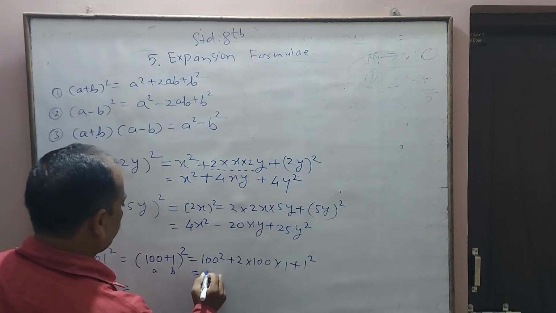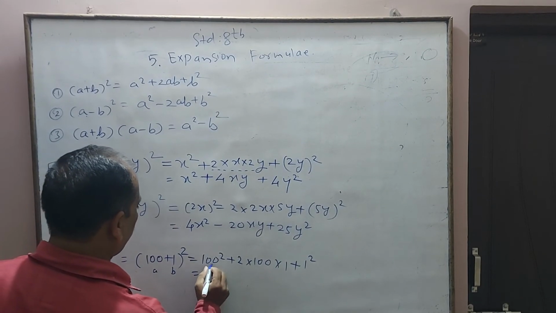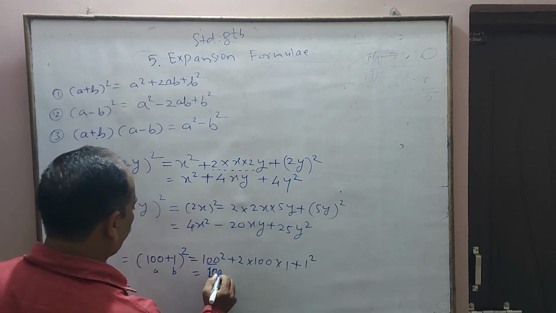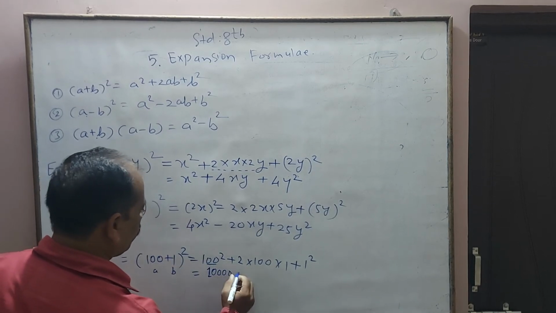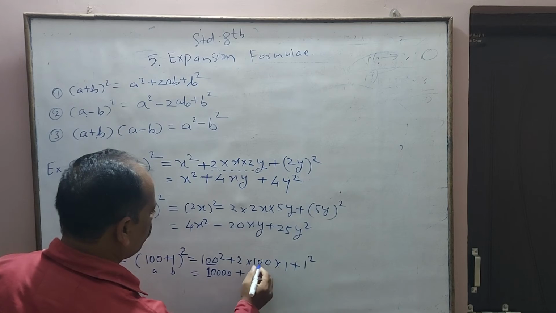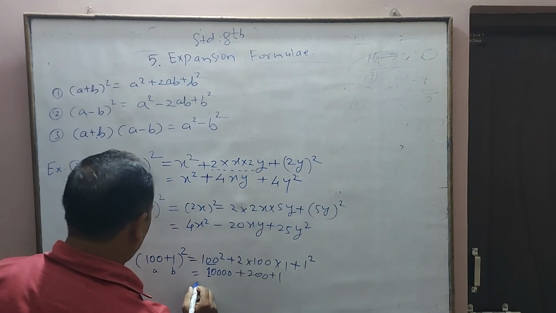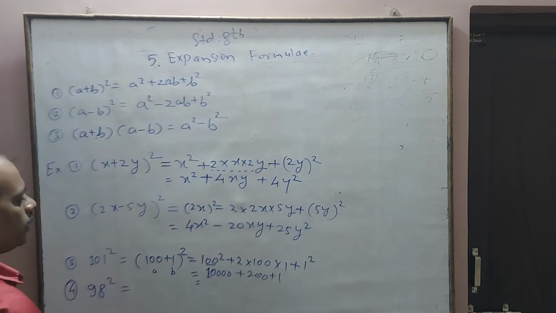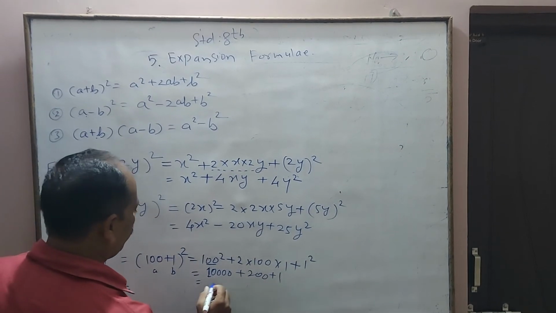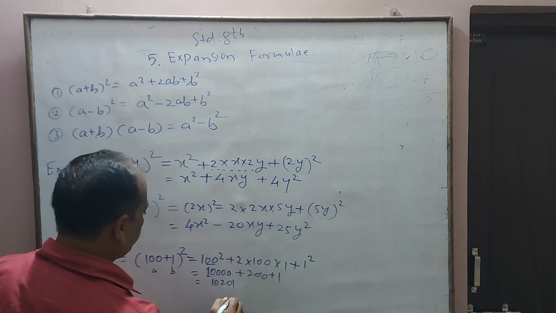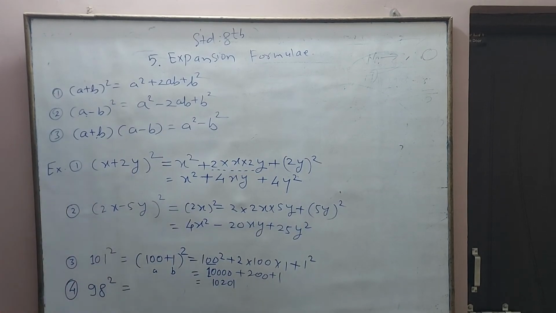Now we solve this. 100 square is 10,000, 1 square is 1, plus 2 ones are 2 into 100, 200, plus 1 square is 1. Now we add: 10,201, that will be our answer.